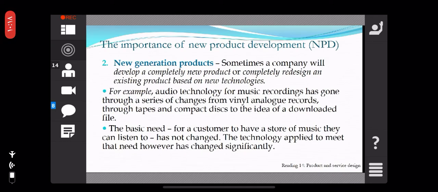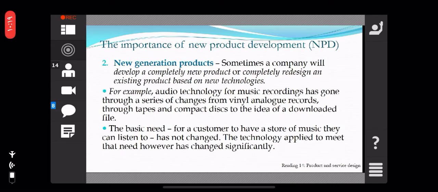For example, audio technology for music recording has gone through a series of changes from vinyl analog records through tapes and compact discs to the idea of a downloaded file.